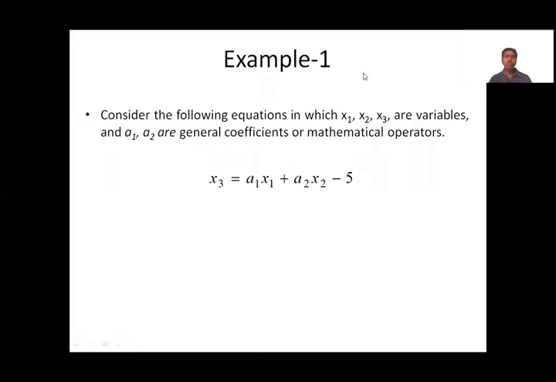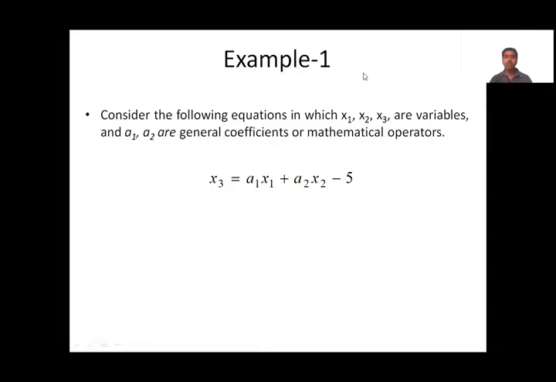Let us see one example of an LTI system represented in a block diagram way. Here the LTI system expression is given as x3 is equal to a1 x1 plus a2 x2 minus 5, where x1, x2, x3 are the variables, a1, a2 are the coefficients, and 5 is a constant.